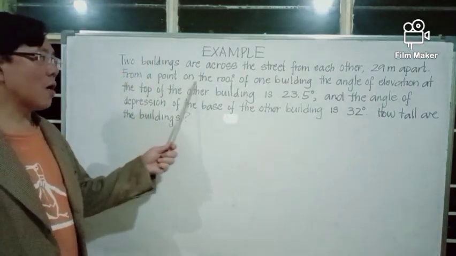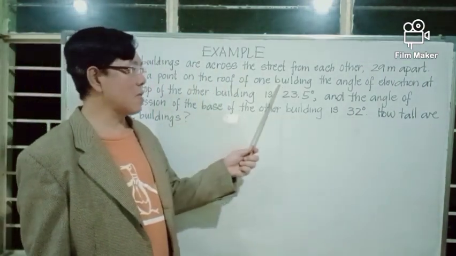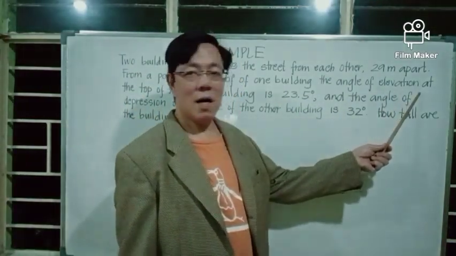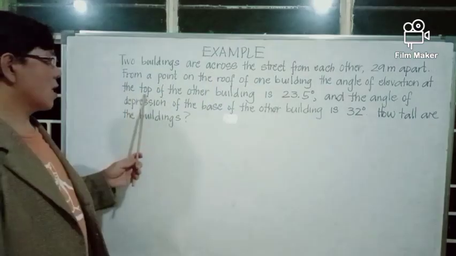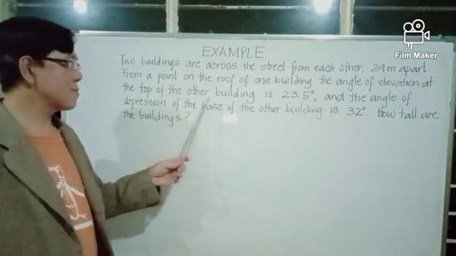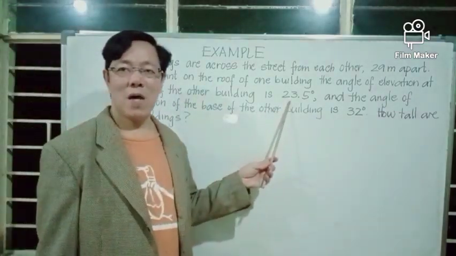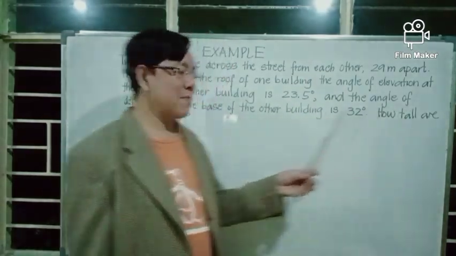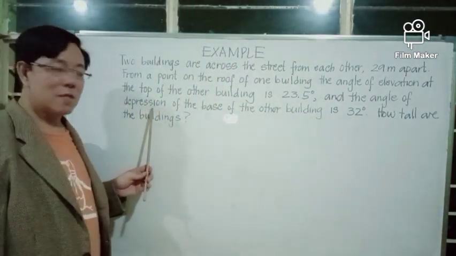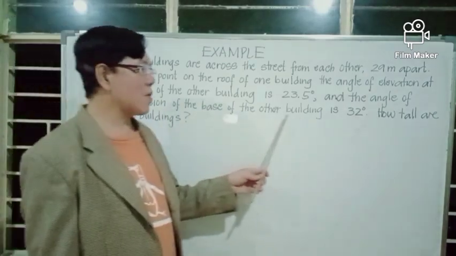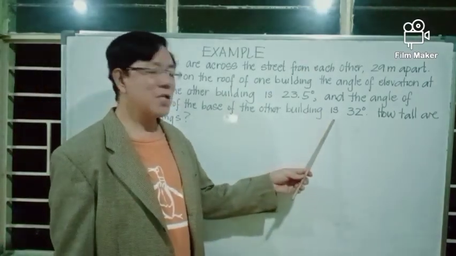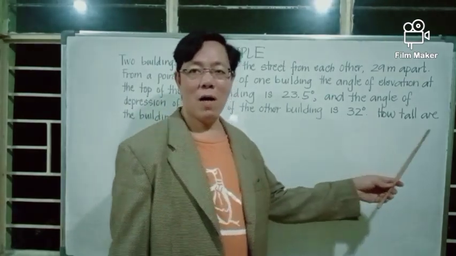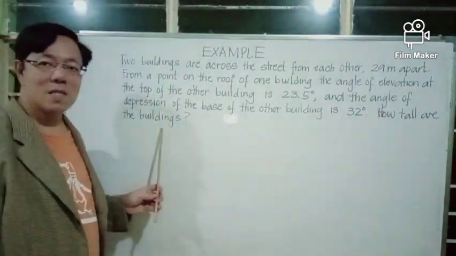From a point on the roof of one building, the angle of elevation at the top of the other building is 23.5 degrees. And the angle of depression of the base of the other building is 32 degrees. How tall are the buildings?